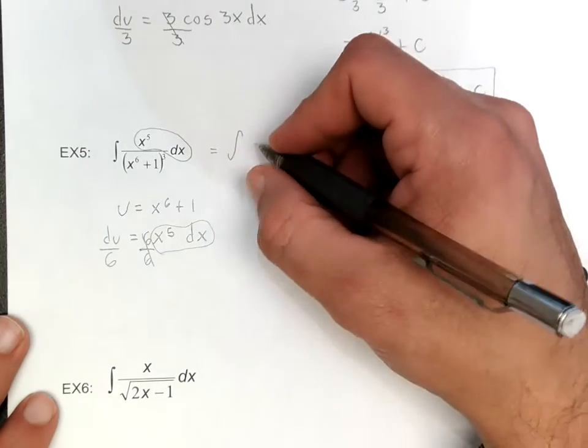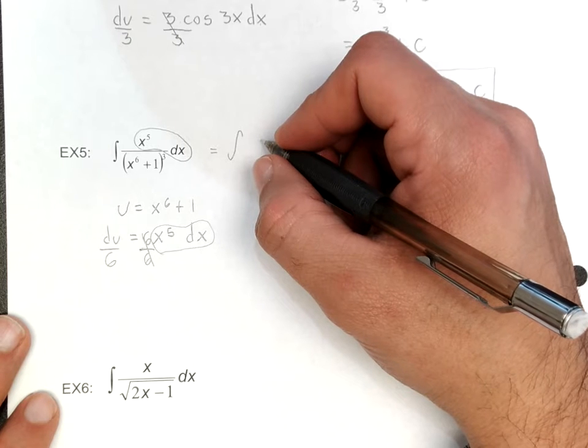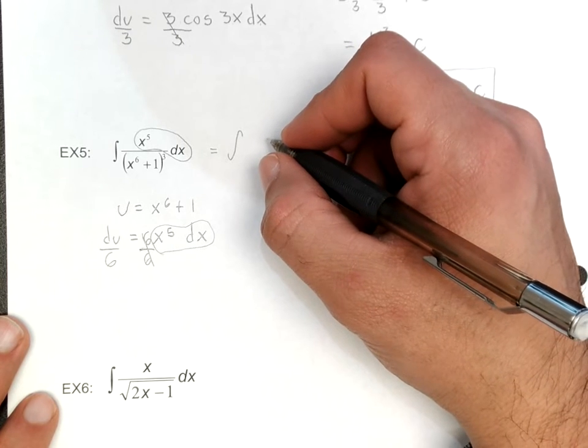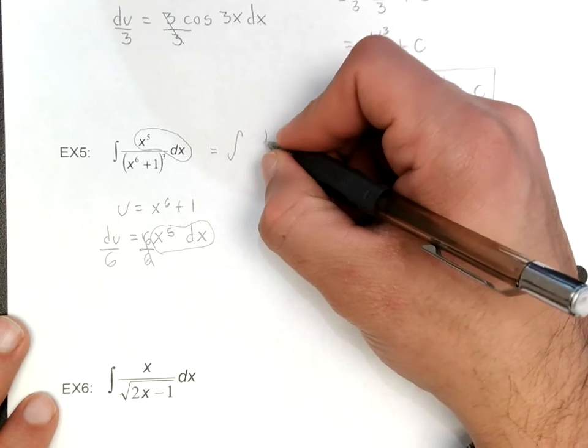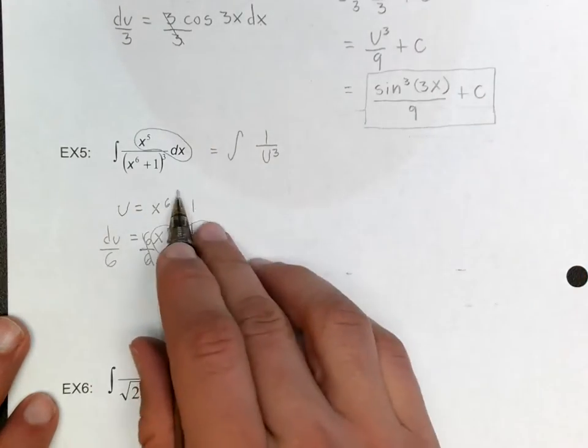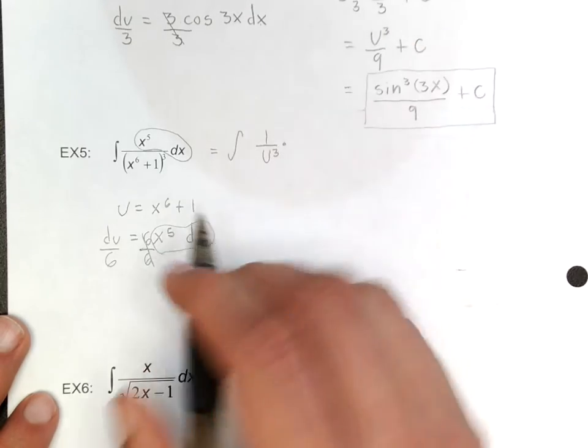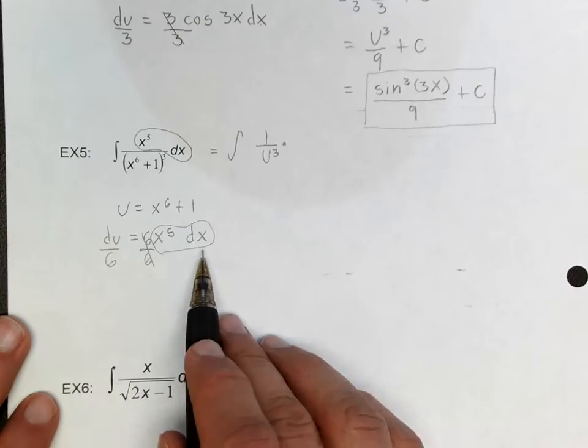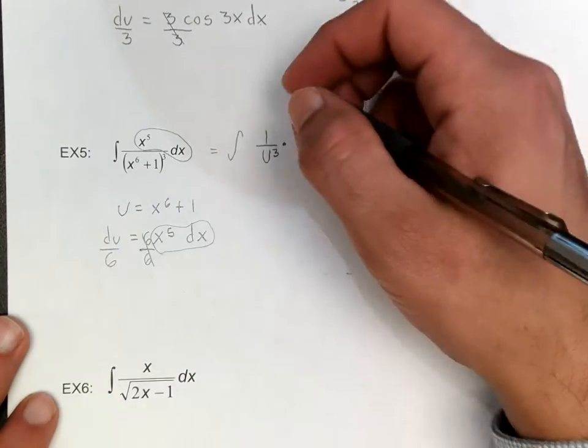Alright, so this is going to be 1 over u to the third. Remember that this is u, so this is u to the third, times x to the 5th dx. Now that's going to be equal to du over 6.